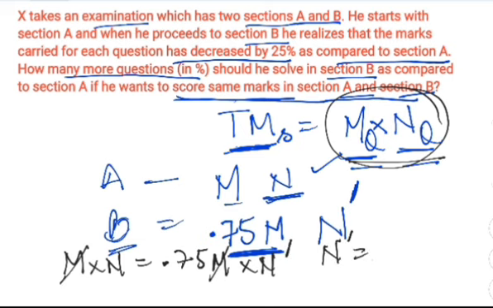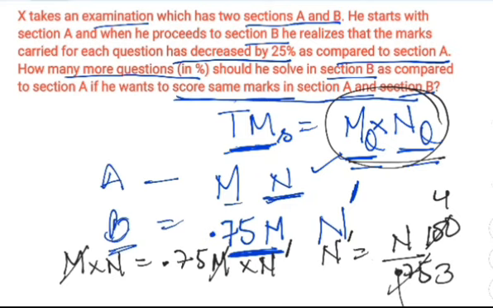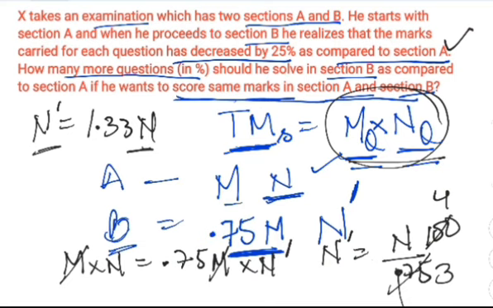So N dash is equal to N by 0.75, or we can also say we'll remove this decimal and we'll put 100 over here. So this becomes 25 fours are 25 threes are, or we can say that N dash is equal to 1.33 N. So N is the number of questions that he has done in section A, and N dash is the number of questions that a student does in section B.